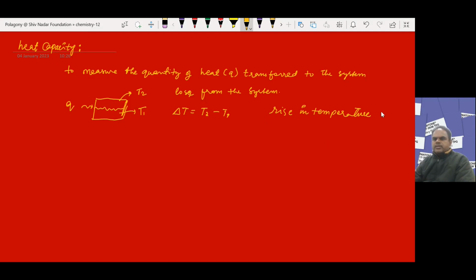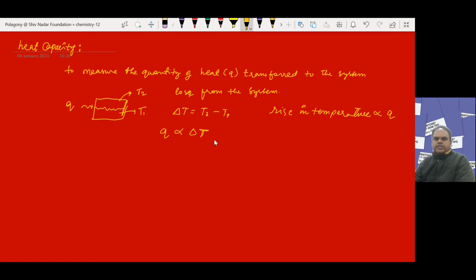The rise in temperature of the system is directly proportional to the quantity of heat supplied to the system. Then we can formulate Q is directly proportional to the change in temperature, or rise in temperature. The more the Q, the more the temperature of the system increases, where delta T is equal to T2 minus T1.